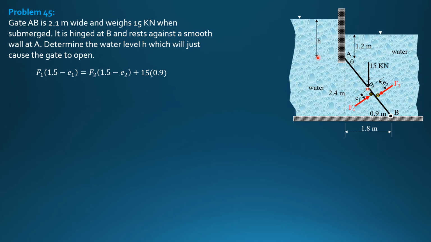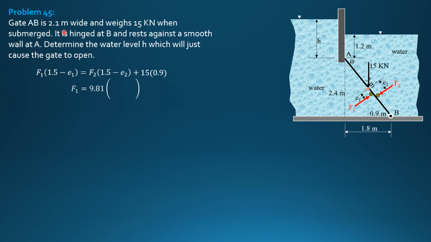So it is H plus half of 2.4, that's h bar 1. Because this is 2.4 and this is a straight line, therefore the centroid is 2.4 over 2 below A. So therefore h bar 1 is H plus 2.4 over 2, and the area is 2.1 meters wide by 3 meters.